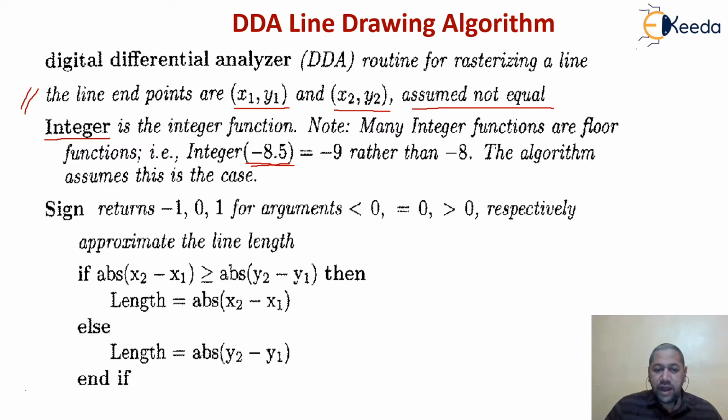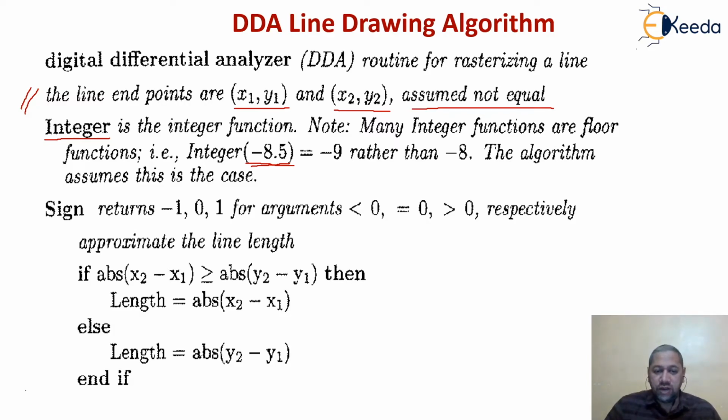If it is less, for example minus 8 point something below 0.5, I make it minus 8. So it is considered a floor function, and the algorithm assumes this is the case. We will consider this at the time of the example also. So my integer function will not only truncate the value. If I were just taking the integer part, I would get minus 8, but no, we are not getting minus 8, we are getting minus 8.5.